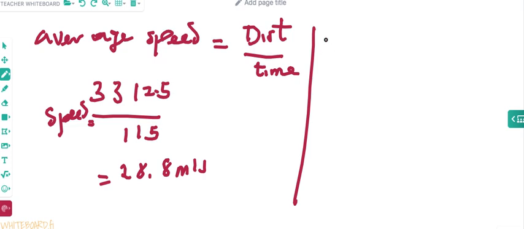Retardation, that is, the speed is coming down. At what point did it retard? It retarded when the speed was 35.